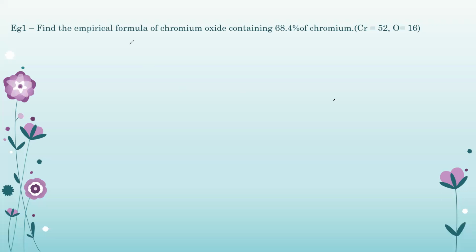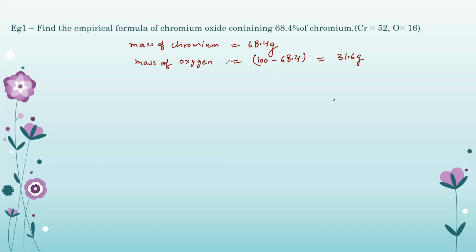So the mass of chromium is 68.4 grams. Percentage, you can convert it into mass. Next, you have mass of oxygen. So what would be the mass of oxygen? 100 minus 68.4. This will come out to be 31.6 grams.